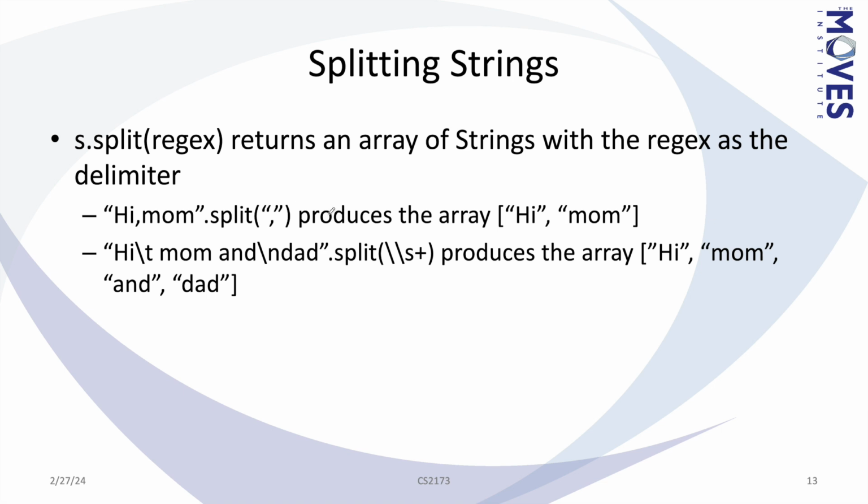So for example, if I have the string hi, comma, mom, and I split it on a comma, which is a regular expression consisting just of a single character, that will produce a string array in which the first element is this, and then the second element is that.